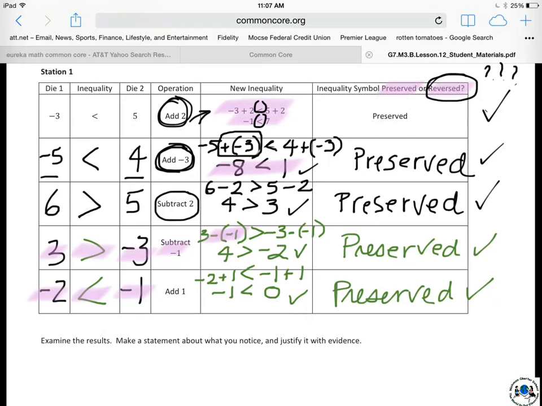I ended up with 4, because 3 minus a negative 1, 3 plus 1, is 4, and then negative 3 minus a negative 1, or negative 3 plus 1, is a negative 2. And of course the inequality symbol was preserved. Here I'm adding 1 to both sides, end up with negative 1 as being less than 0, and that is true, and preserved again.